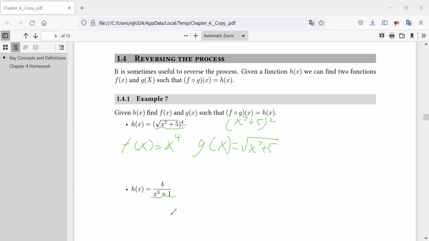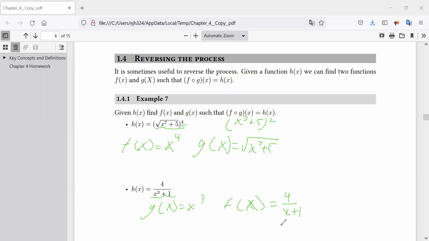Yeah, you could do something with x to the 3, definitely. If you wanted to take that as one of your functions, you could say g of x is equal to x to the 3. And then what would the f of x be? Kind of the opposite. Everywhere we see an x to the 3, we replace it with x. Would it just be 4 over x plus 1? Yeah.